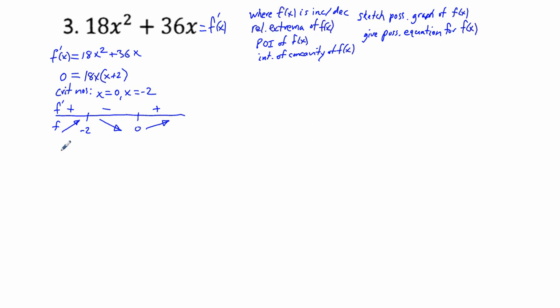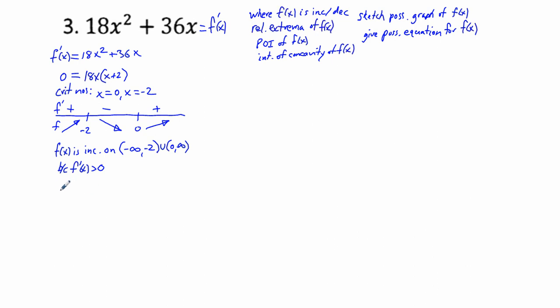And so we're going to say f of x is increasing on negative infinity to -2, and also between 0 and infinity, because f prime of x is greater than 0.